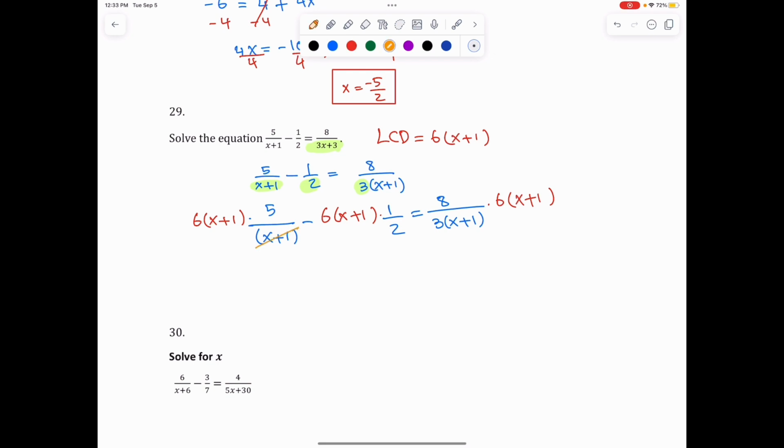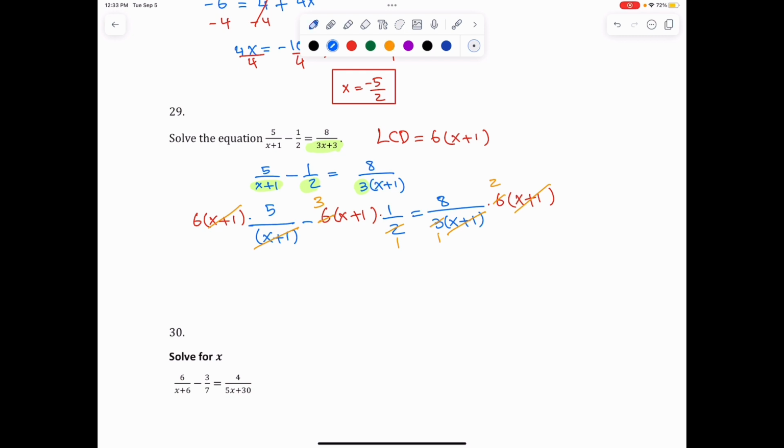Notice how these will cancel together, and these are going to cancel together. Also, we can reduce the 6 with the 3. Divided by 3 is 1. Divided by 3 is 2. Here we can reduce the 2 with the 6.